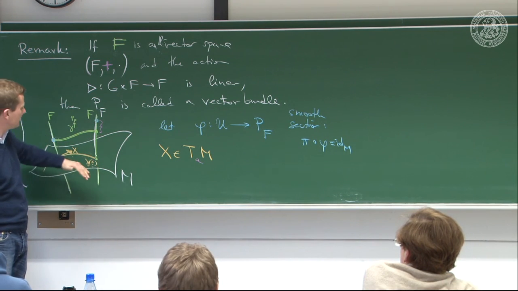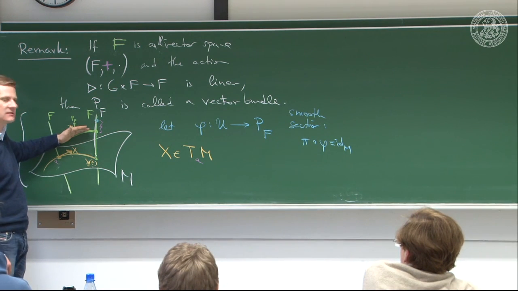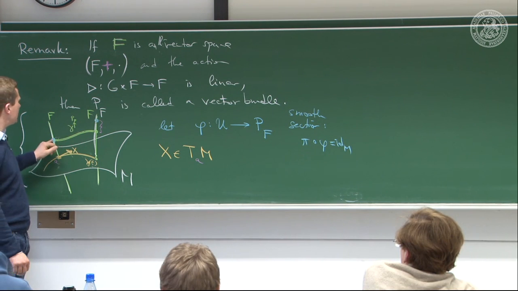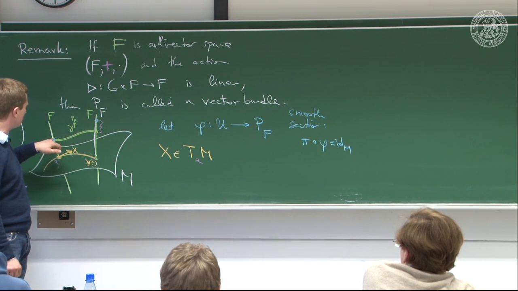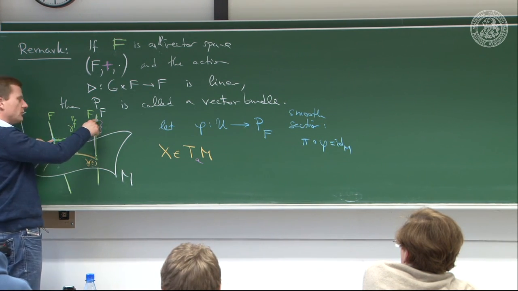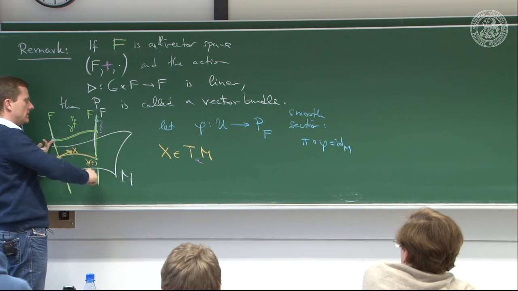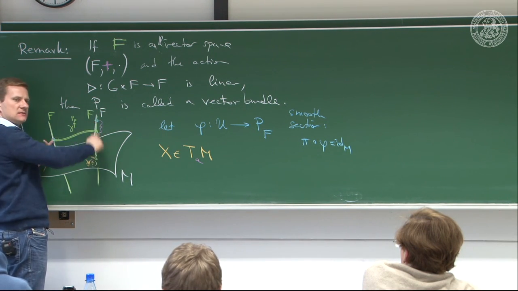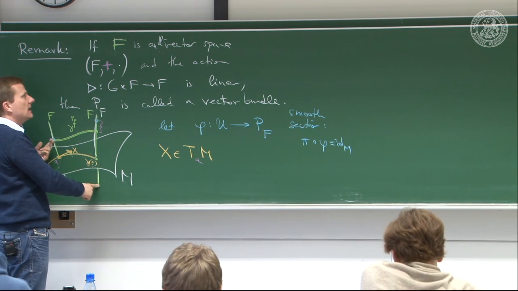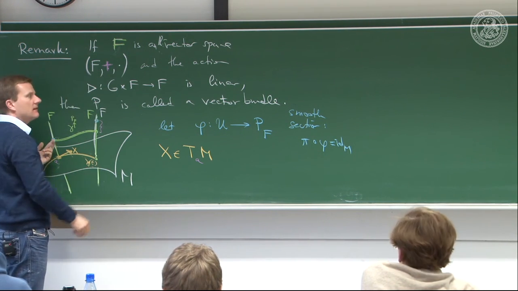This horizontal lift of curves is inherited to the associated vector bundle, and there gives you the means to compare this value with this value by comparing it in the same fiber, because you can only compare in one and the same vector space.